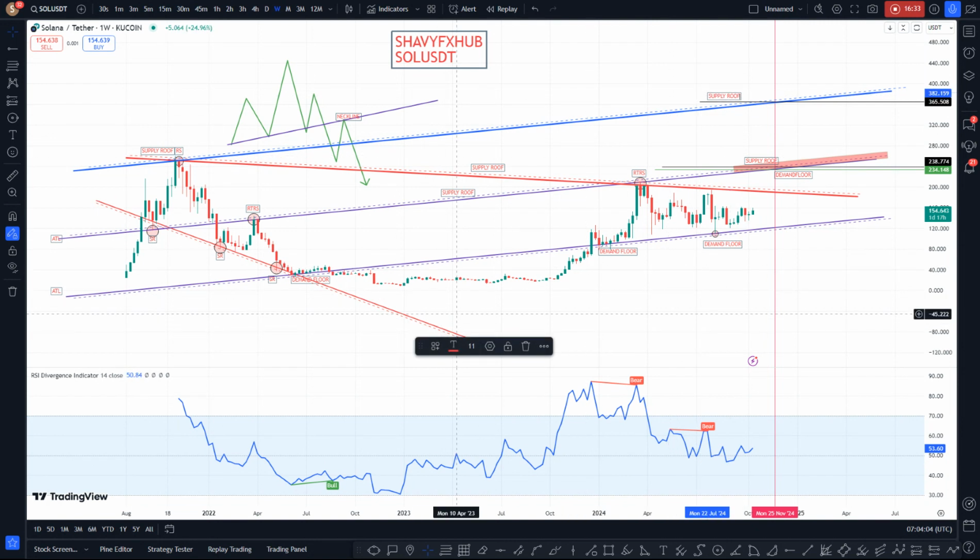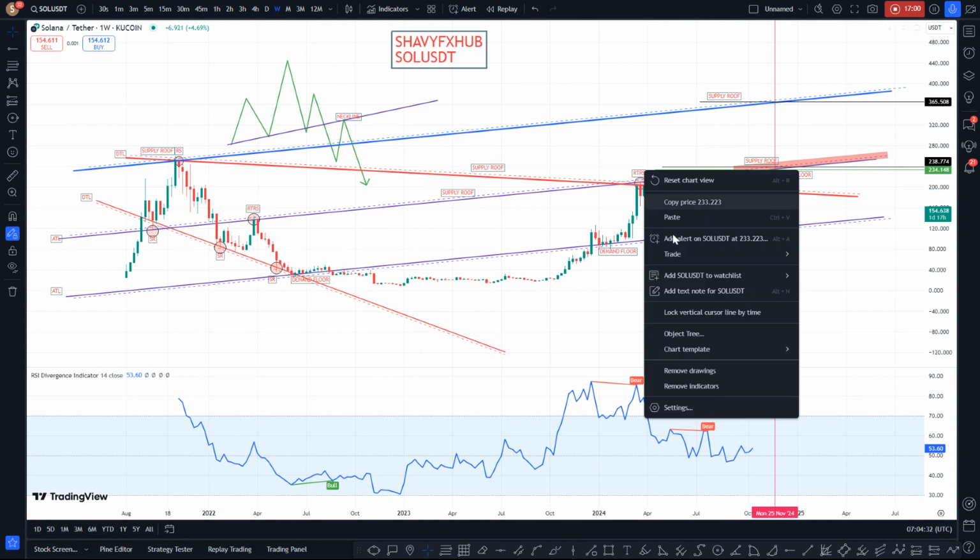For now, we want to see a breakout from the supply roof, a descending trend line, DTL. If we have that DTL, we have two descending trend lines. So we want to see a breakout after price tests the roof.